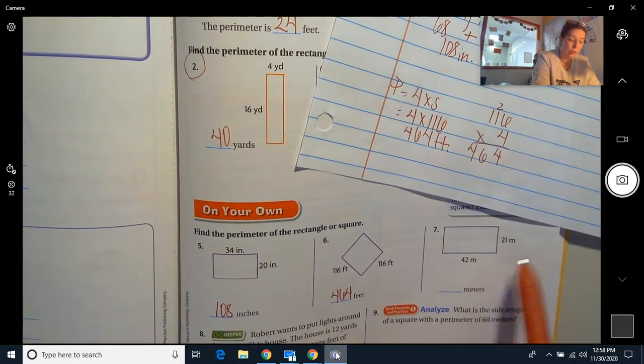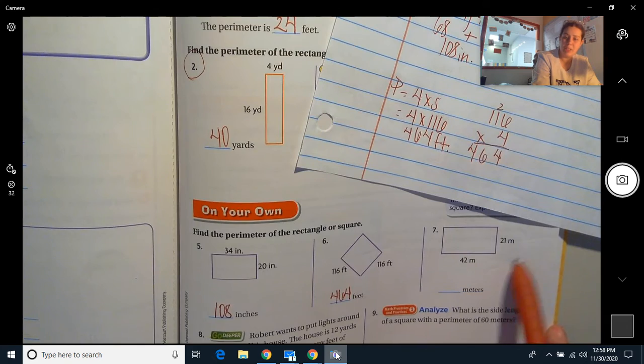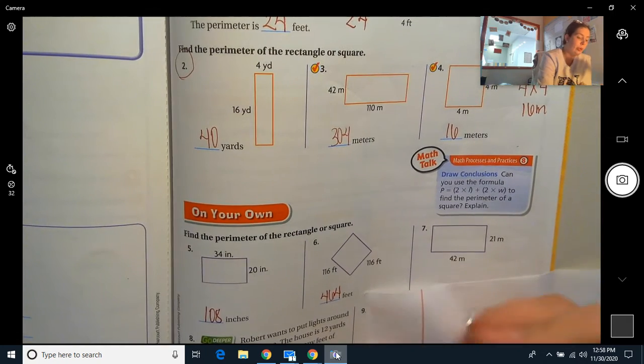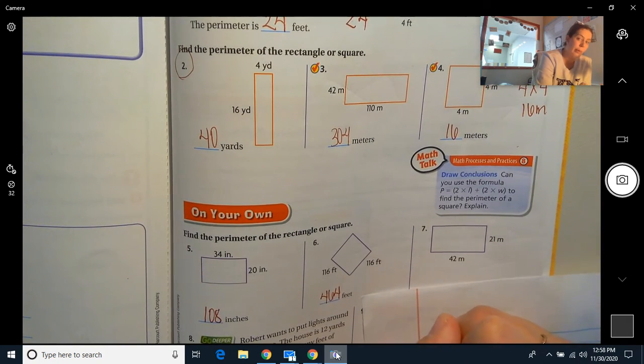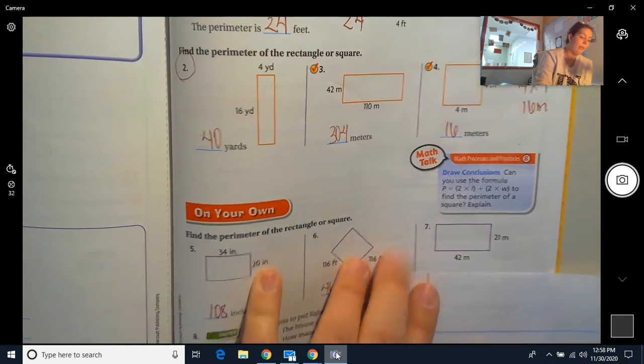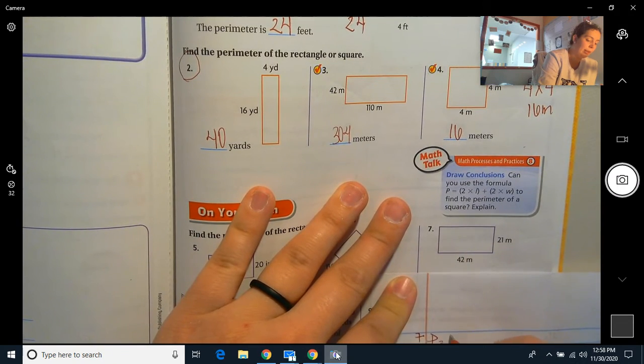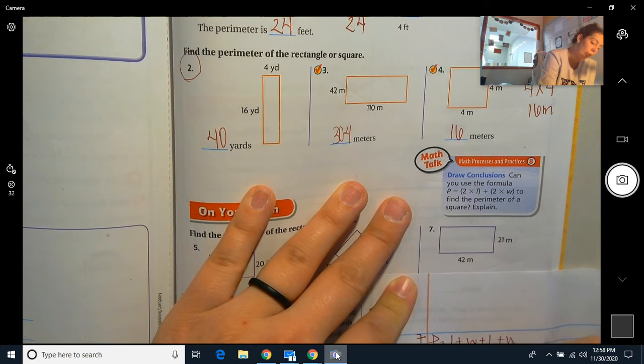Now, this one, I'm going to do a different formula. I'm just going to add these a bunch of times because I know sometimes some friends like to add instead. So I'm going to do the long way this route just so people can see that you can do it that way. This one, I'm going to do perimeter equals length plus width plus length plus width.